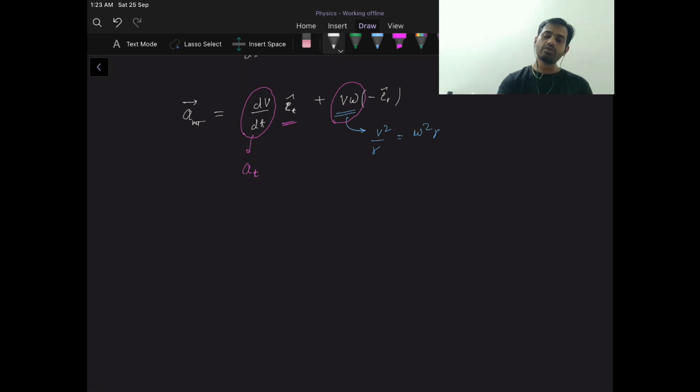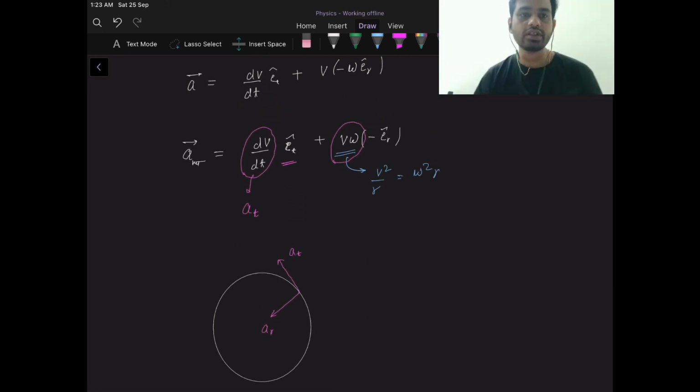So, here we are getting both the information, radial as well as tangential. These are the two methods that can be used to find acceleration in case of uniform circular motion or a non-uniform circular motion.